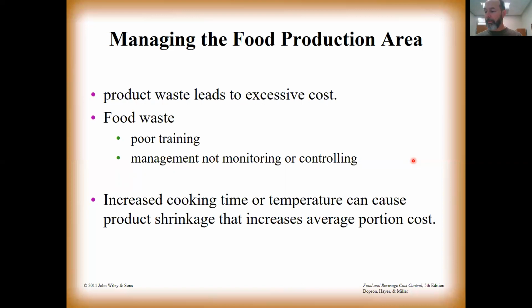So wasting increases our costs or increases our expenses. And one thing in particular we want to mention is poor training, okay? And we do need to make sure our employees understand proper weighing and proper measuring, how to read measuring cups, how to use measuring spoons, how to use a scale, those type things, how to use decimals.